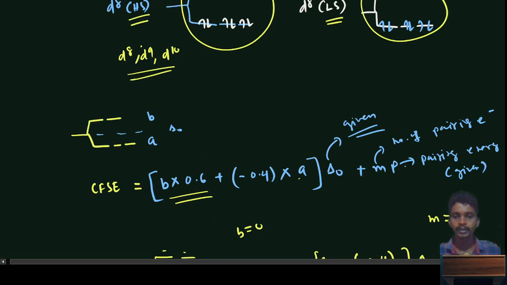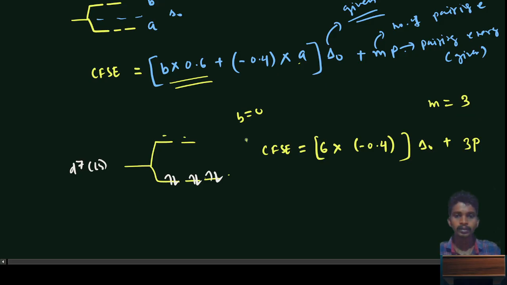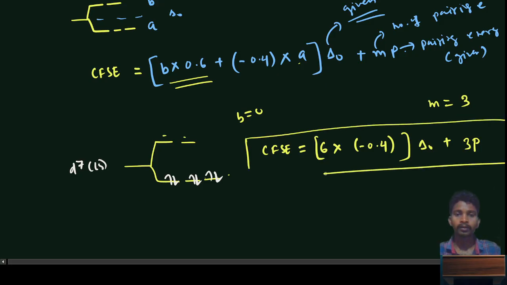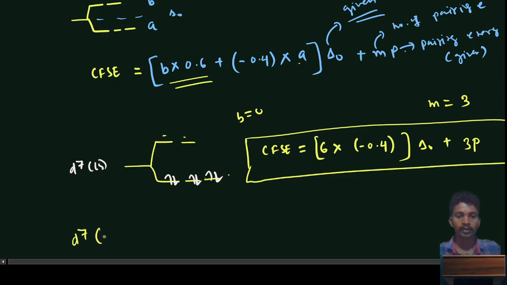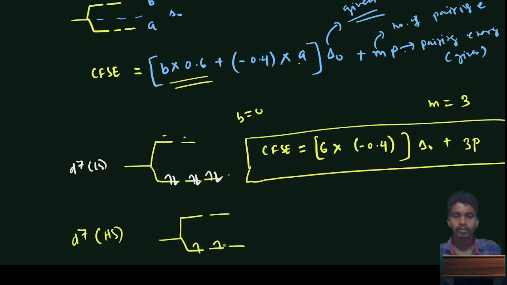We will also check the D7 high spin case. Always check both possibilities. D7 high spin: 1, 2, 3, 4, 5, 6 and 7.